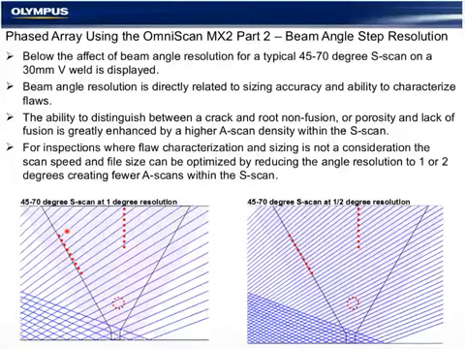The sector scan display that we see of a 1-degree resolution compared to a 1/2 degree resolution is very different. The more A scans we use in the sector scan, the better our sizing or characterization. When the resolution is smaller, the file size is increased, and the scanner speed must be slowed down.